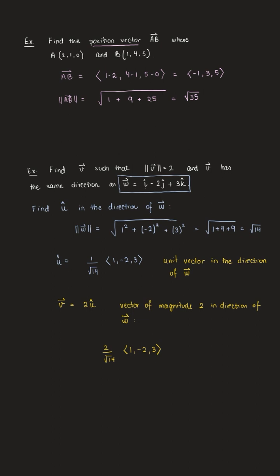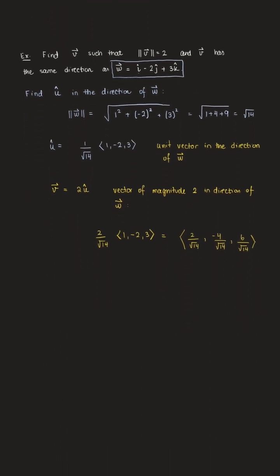We could rationalize the denominator if we wanted to, or we could also multiply through the scalar 2 over root 14 through each component. So we can write that as 2 over the square root of 14 for the first component, -4 over the square root of 14 for the second component, and 6 over root 14 for the third component. And we could also write this using our standard basis vectors.